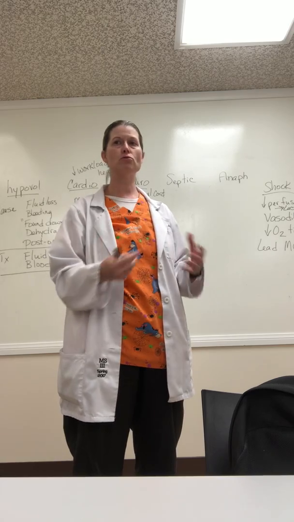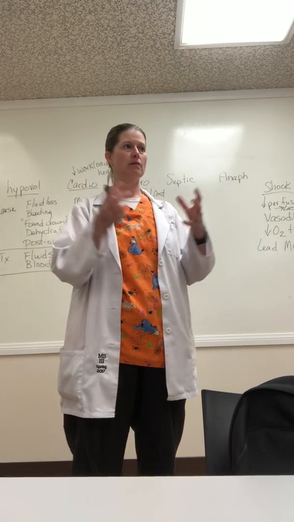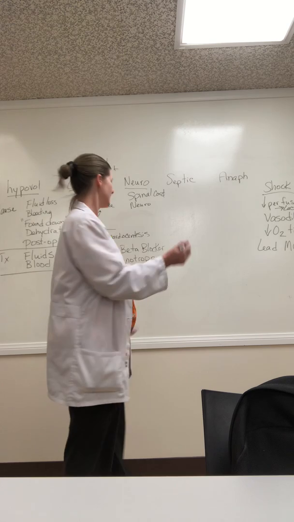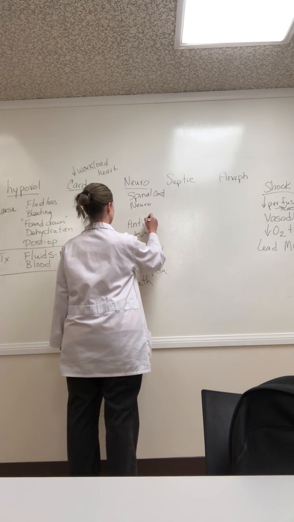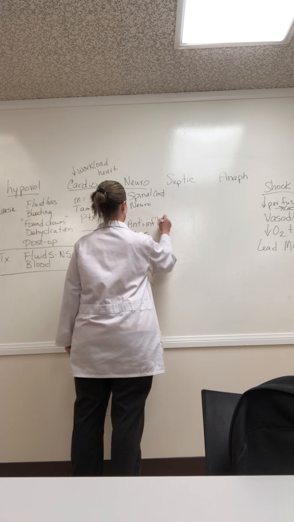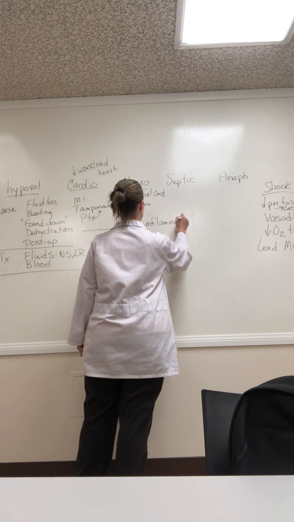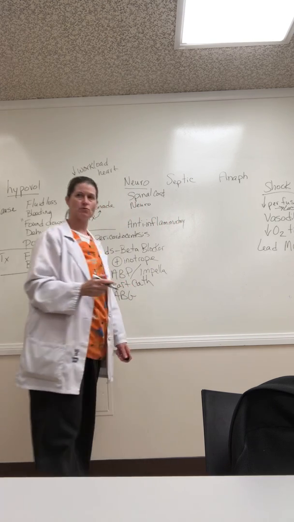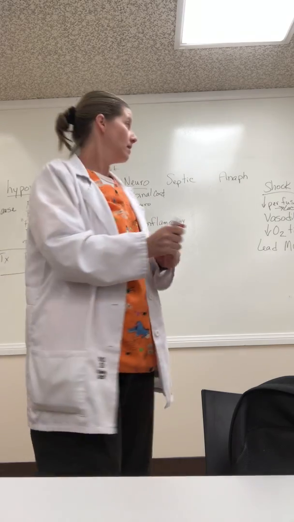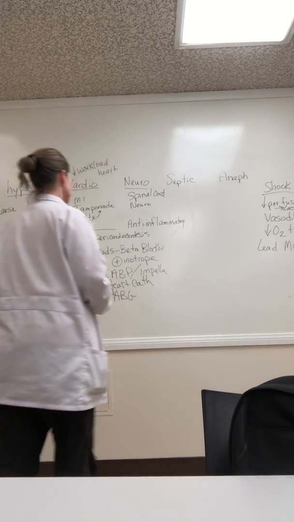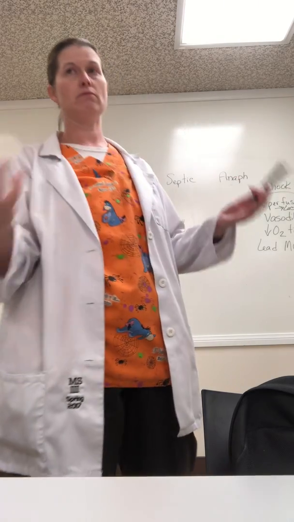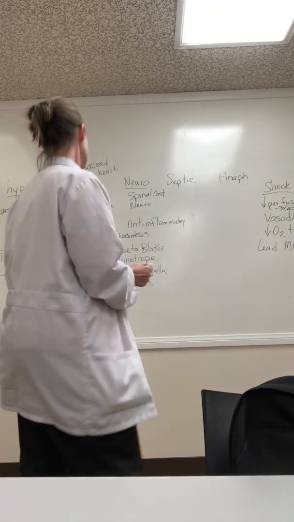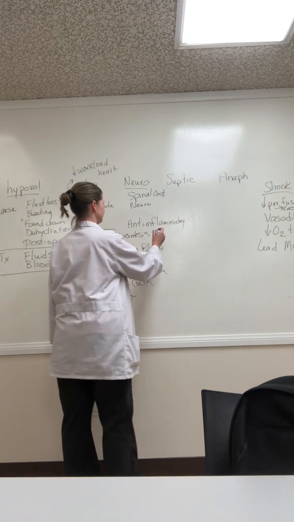So how do you treat inflammation that's pinching something? Anti-inflammatory. Corticosteroids. Anti-inflammatory. Okay? The only other thing would be to take them back to surgery or repair what's been broken.